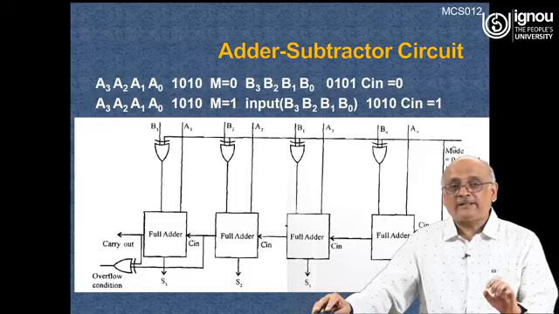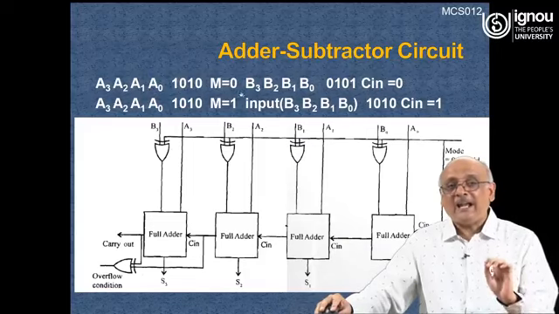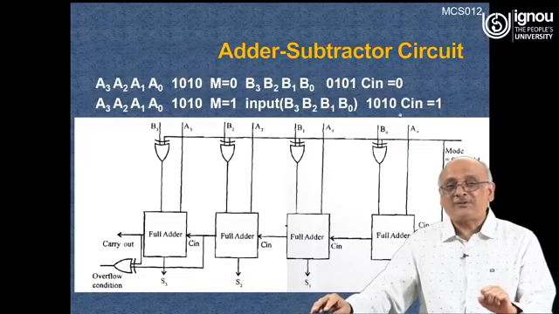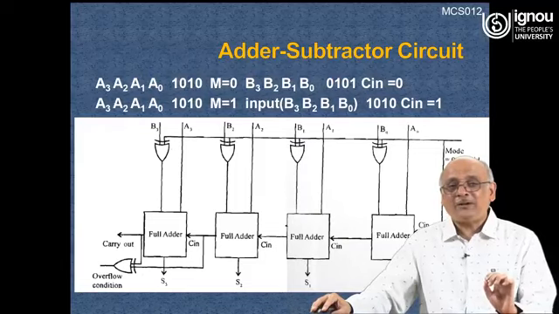The mode is very interesting. This is an adder as well as subtractor circuit. It will either add A and B, that is the first mode, or subtract B from A, that is the second. Now look into this circuit: there is a carry in and a carry out, and importantly there is an overflow marker over here. How is the overflow determined?